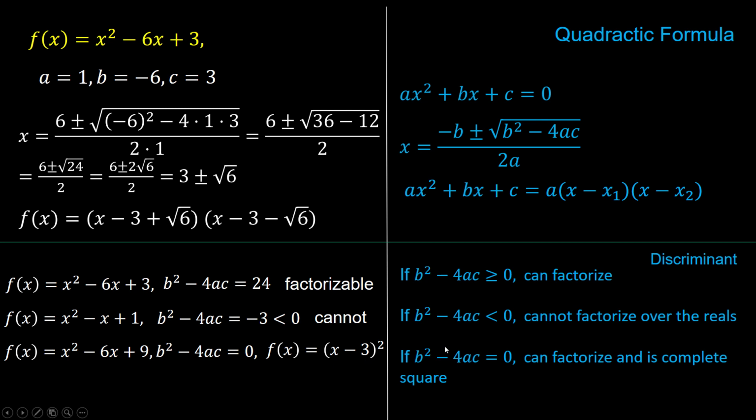So this gives you a complete classification of when a quadratic polynomial can be factorized. And when it can be factorized, you can use this formula, or you can use the complete square method. Or if this square root is a very simple number, then you can use the previous method, which is product sum or cross multiplication, and you can factorize that way.